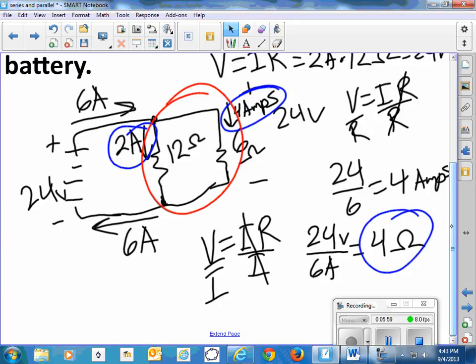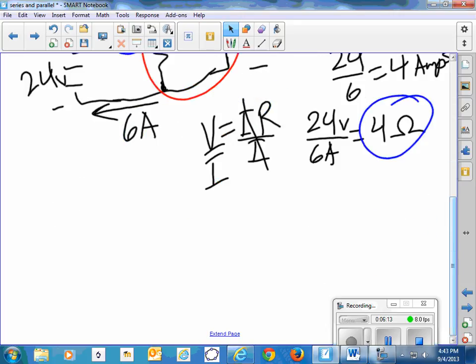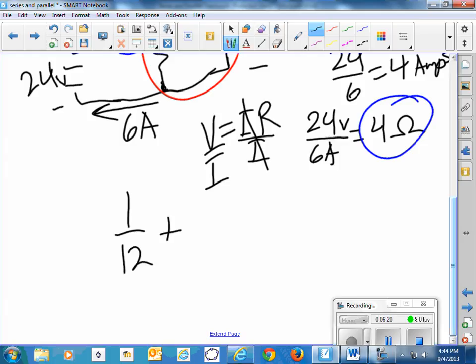That makes sense. There's less resistance because there are two paths, two places for the current to flow. So mathematically, we could have found that 4 ohms this way. The 12 ohm resistor, if I add 1 over 12, and the 6 ohm resistor, 1 over 6, I'm going to make common denominators, so it'll be 1/12 plus 2/12.